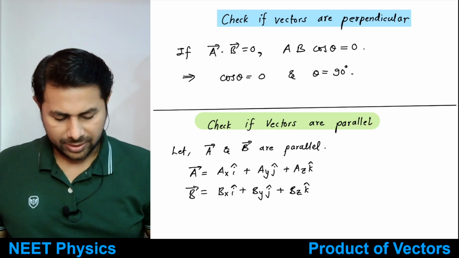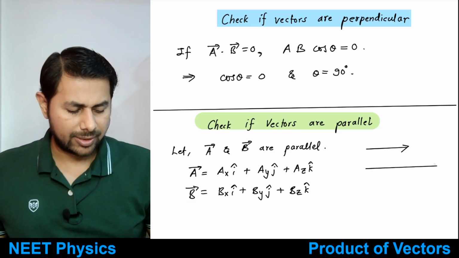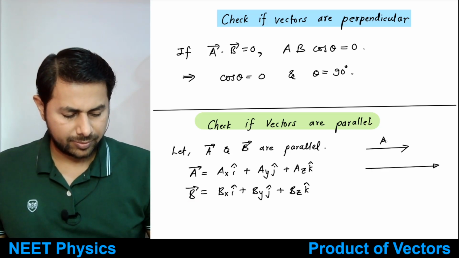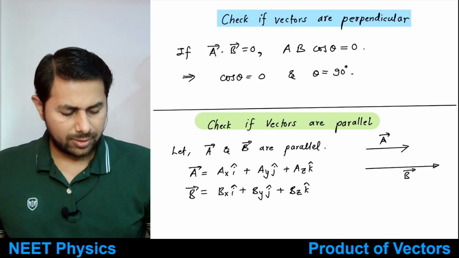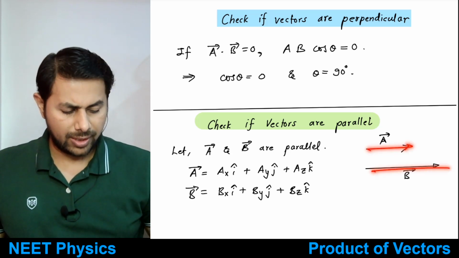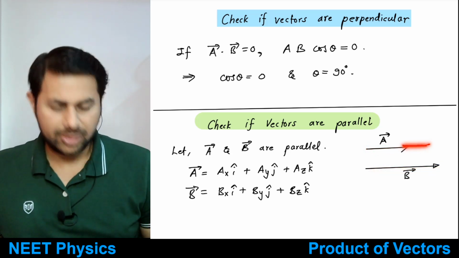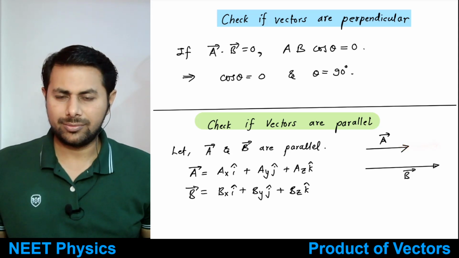Right? For example, suppose this is a bar and this is b bar. If they are parallel, if they are directed in the same direction, then if you stretch this one by the right amount, you can get b.